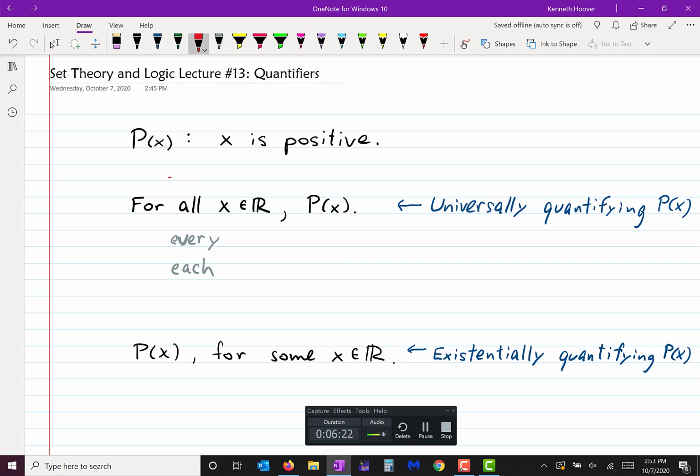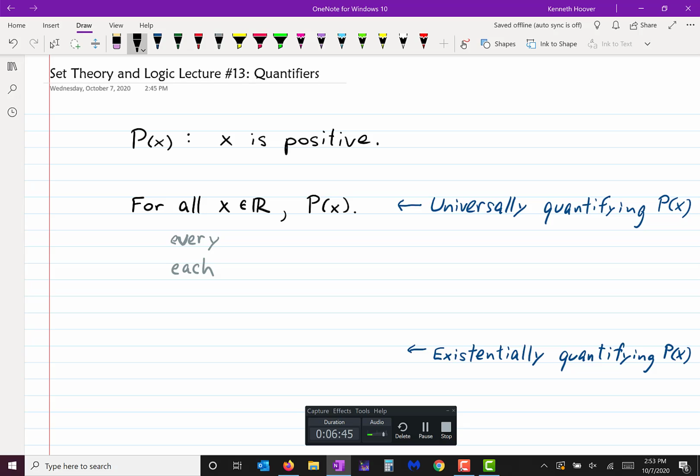So that's called a universally quantified statement. Okay? Now let's go down to the existential one. So I would normally, and just about everybody would normally do it this way. You put the open sentence at the end and the quantification at the beginning.